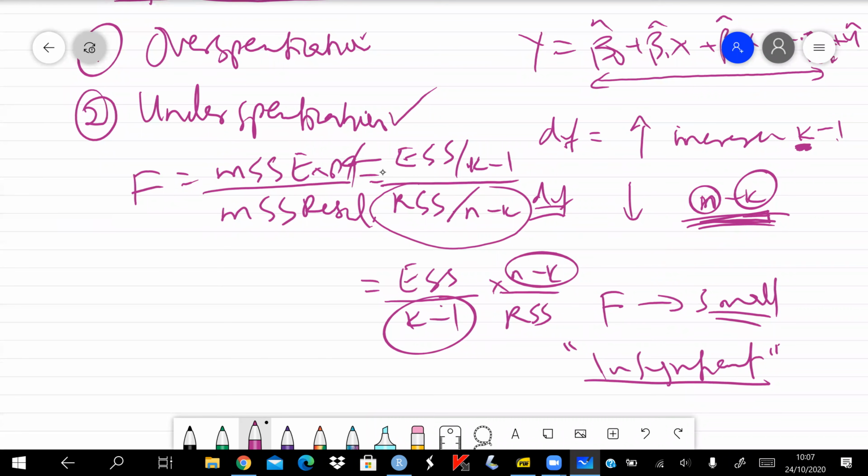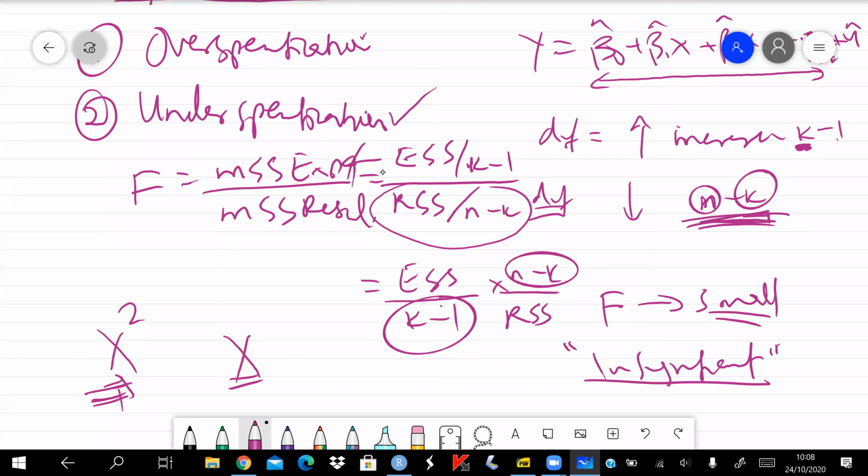On the other hand, underspecification is a scenario where either you have completely omitted a variable that should be in your model, or maybe the variable is captured in the model, but in the wrong format. For instance, instead of capturing x squared as one of your terms, you capture it as x.